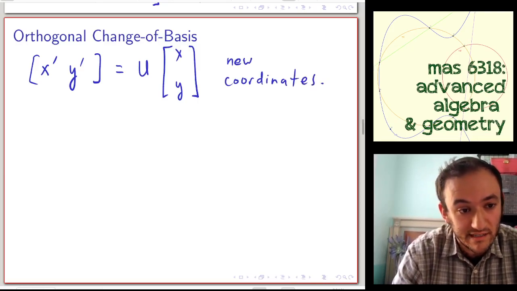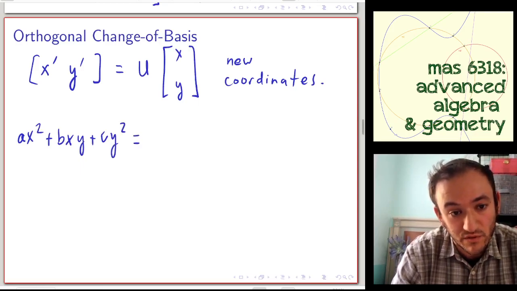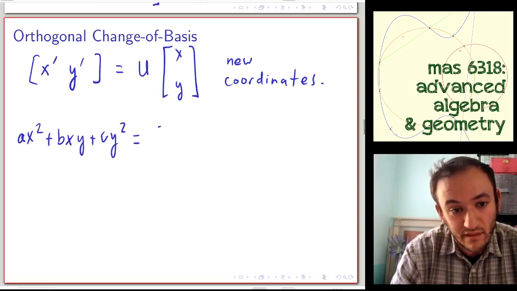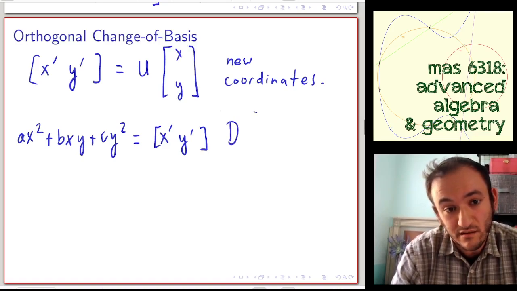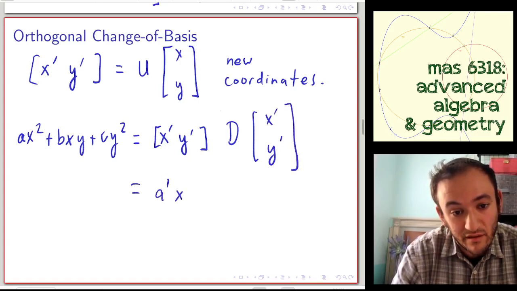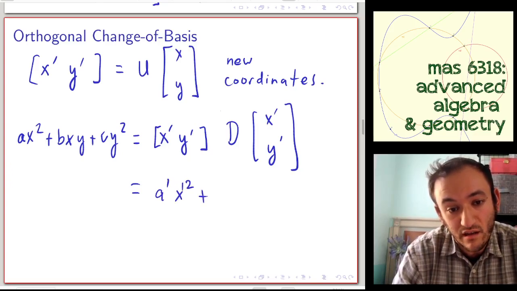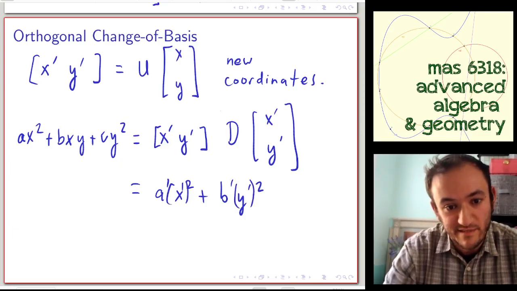And in our new coordinates, ax squared plus bxy plus cy squared is going to be equal to (x prime y prime) times D, a diagonal matrix, times (x prime y prime), which means it'll be equal to something of the form a prime x prime squared plus b prime y prime squared. Again, all the primes are a little annoying, and I apologize, but we'll start dropping those primes in a second.